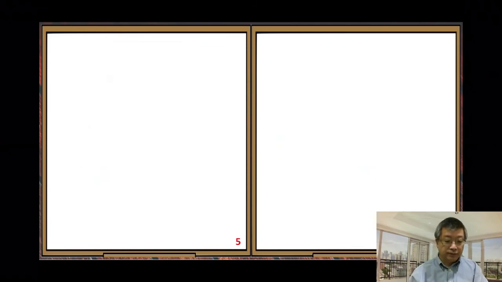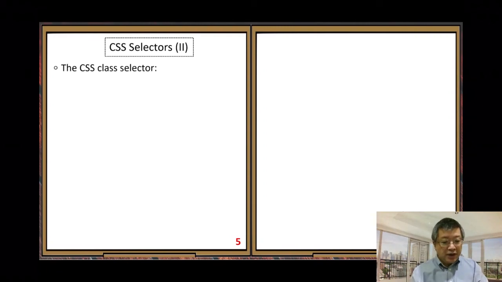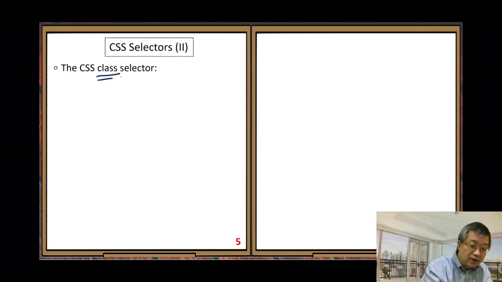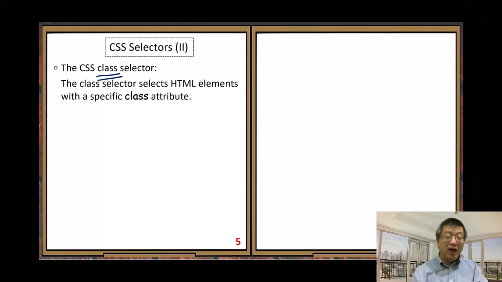Next, CSS selectors part 2. The CSS class selector. Our third type, the class selector. So what's that? The class selector selects HTML elements with a specific class attribute.